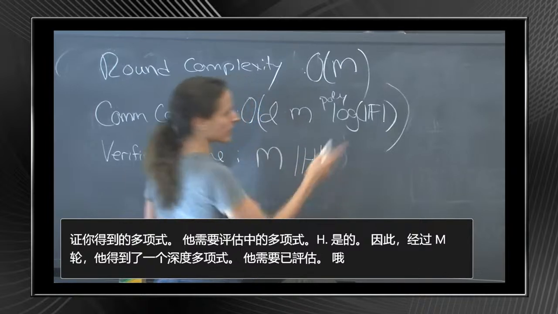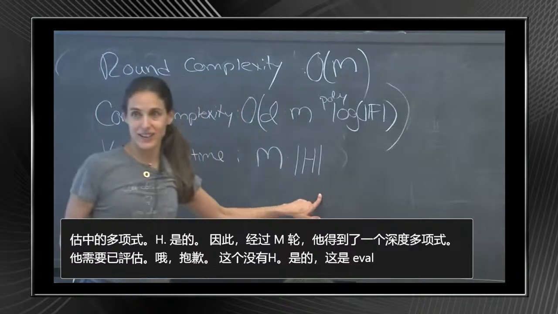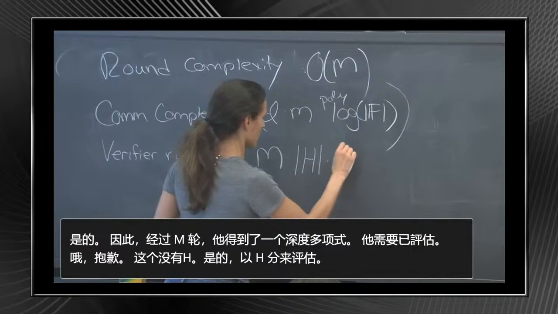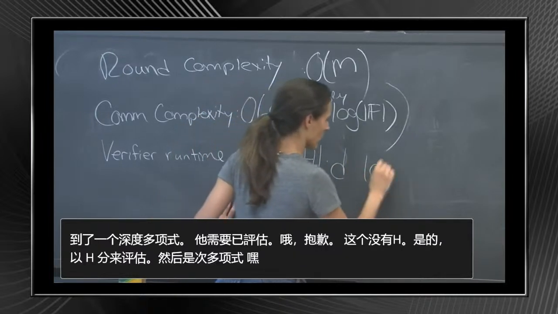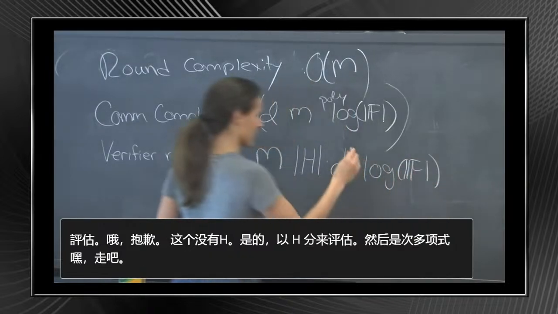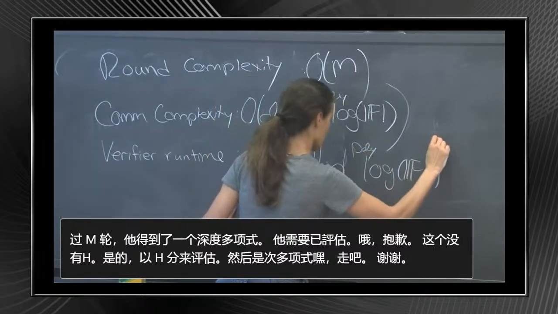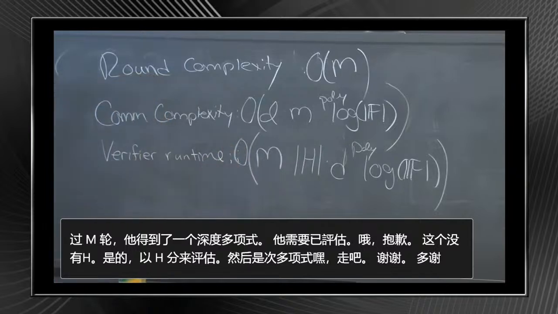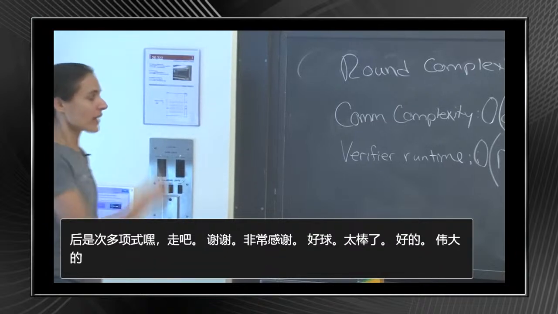Oh, sorry, this does not have H. Yeah, he needs to evaluate the degree d polynomial in H points, and then a log F. Thanks a lot. Good catch. That's awesome. Okay, great, so that's the verifier.